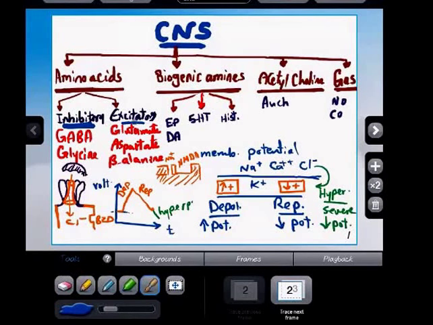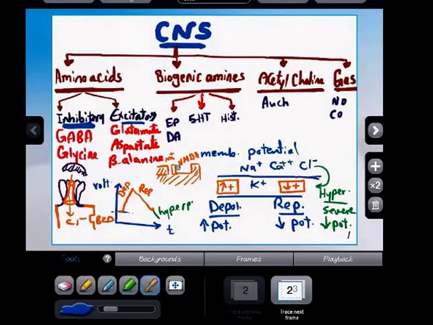And the excitatory neurotransmitters like glutamate, aspartate, and beta-alanine can bind to the NMDA receptor, which is the N-methyl D-aspartate receptor.